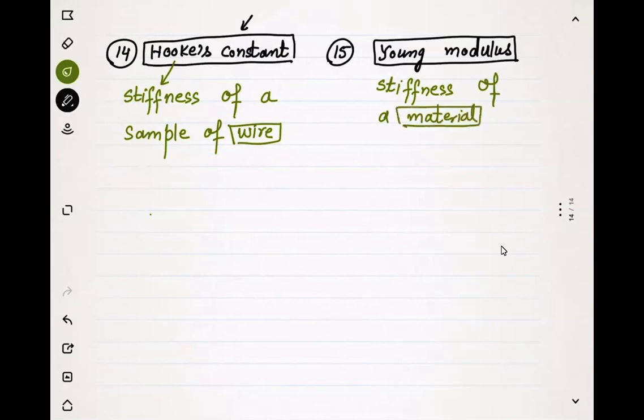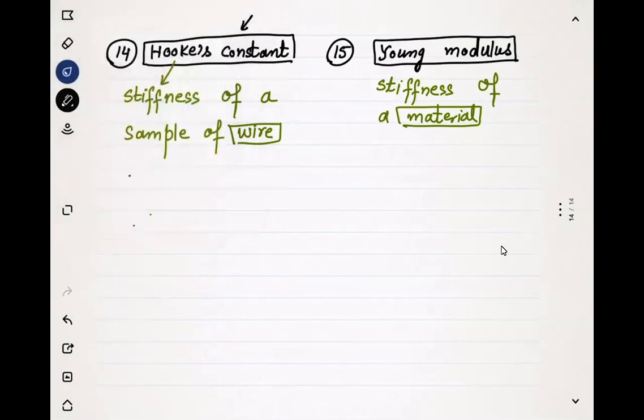So basically, if you want to compare the stiffness of different wires, then the quantity that you are going to use is Hooke's constant. So Hooke's constant is used to compare the stiffness of individual wires. However, if you want to compare the stiffness of the material of the wire, then the right quantity is Young modulus and not Hooke's constant.